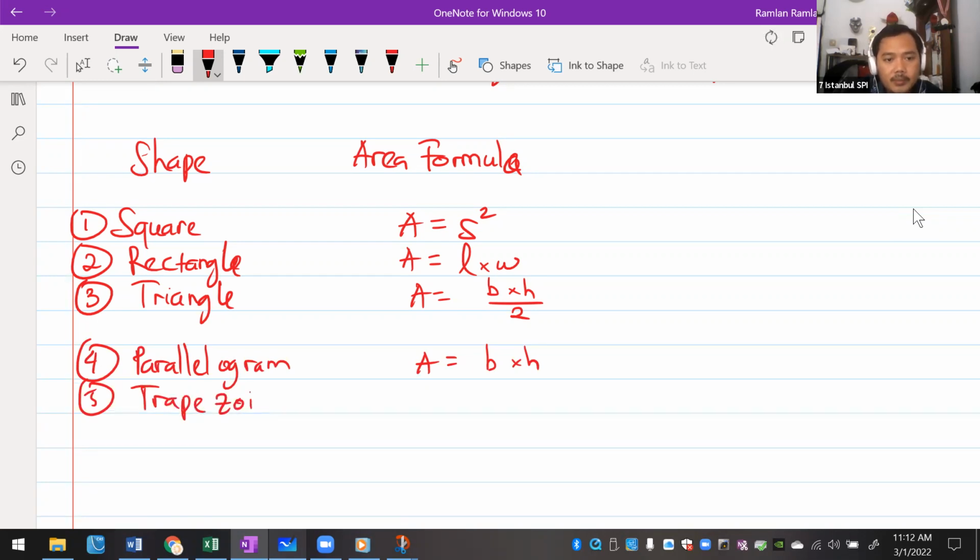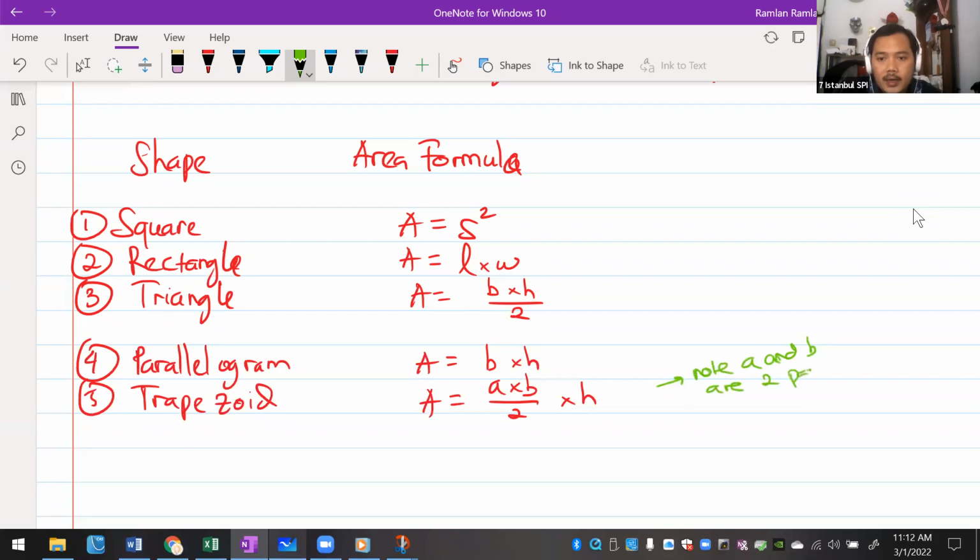Trapezium or trapezoid. And the area will be (A plus B) divided by 2 and then times H. And the note I'm going to write down here is that A and B are the 2 parallel lines in a trapezoid.